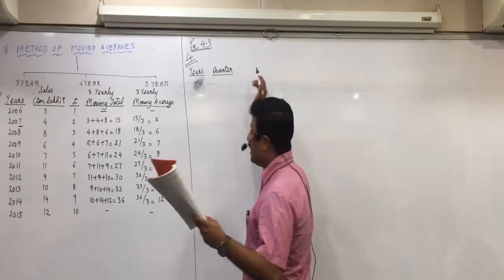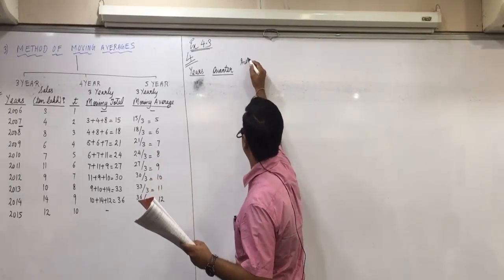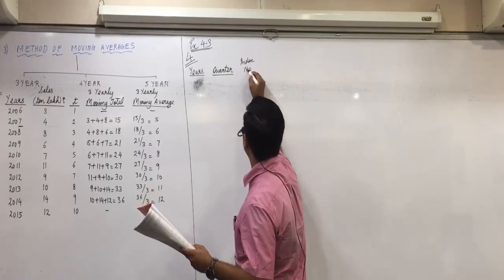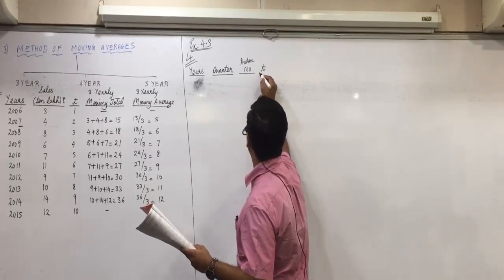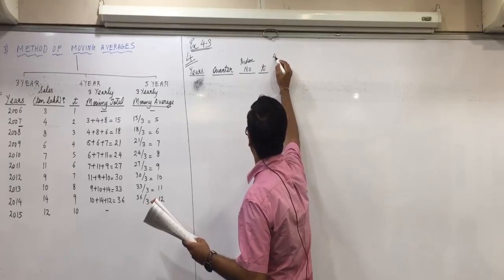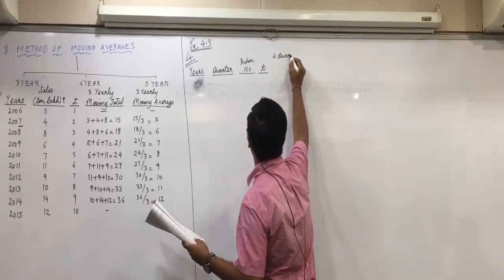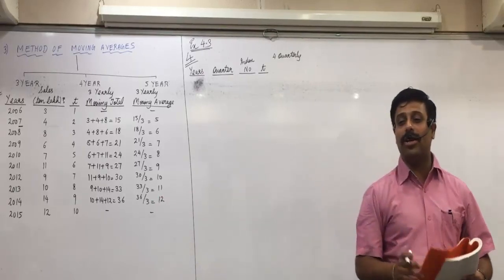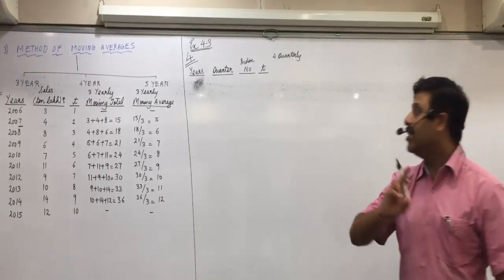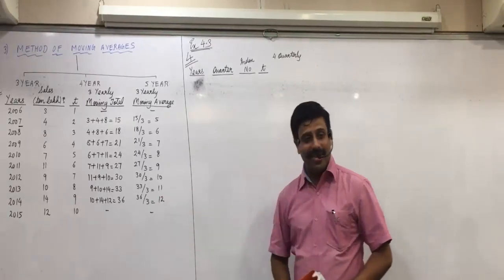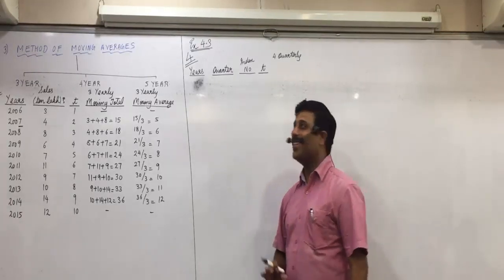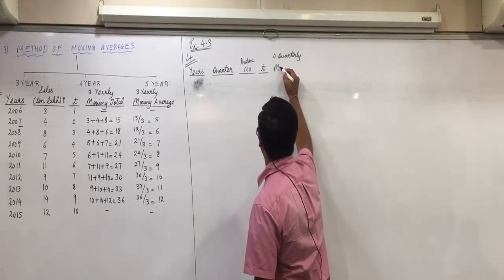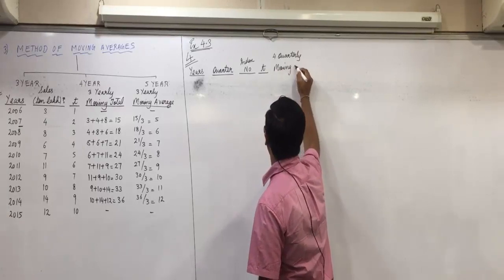Other than that, your index number T. Not for yearly, for quarterly. The main time period is not year, it is quarter. So years, quarter, 4 quarterly moving average.